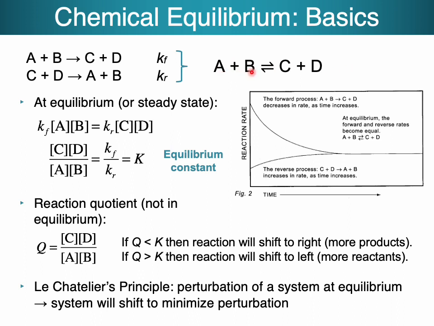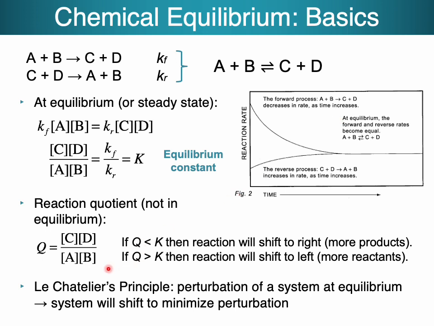More A and B would react to form C and D. But if Q is bigger than K at a particular moment, okay, that means there are more C and D than at equilibrium. The reverse reaction would then dominate over the forward reaction. The reaction will then shift to the left, okay? More, so to speak, the product would turn back to the reactants, until the system becomes at equilibrium again.